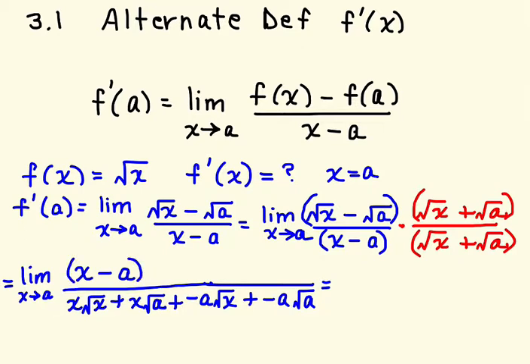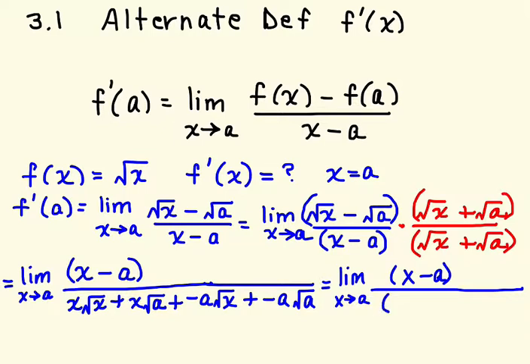Let's clean this up. The limit as x approaches a on the bottom. Okay, let's leave the top, x minus a on top. If we look at the bottom, I'm going to move this around a little bit, but this should actually resolve as the square root of x.